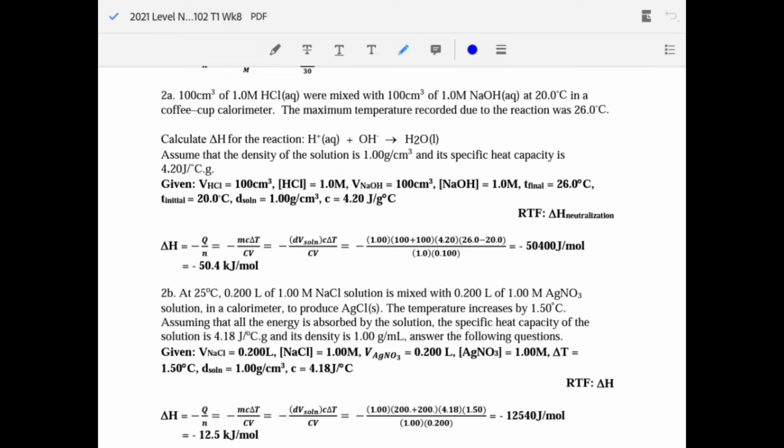No, what you get is the energy, and then you have to divide by whatever amount of water is formed. So it's 100 centimeter cubed of 1 molar for both of them, so 0.1 times 1, which ends up being this answer.